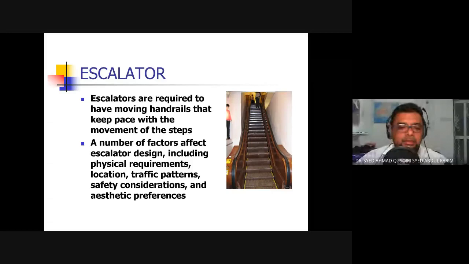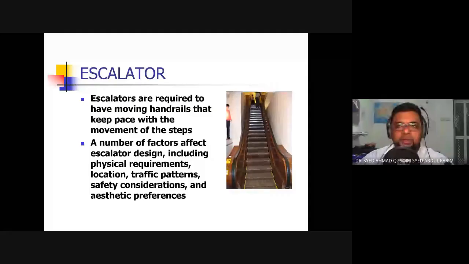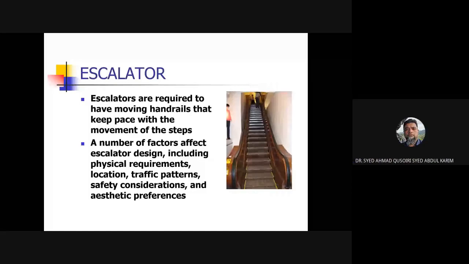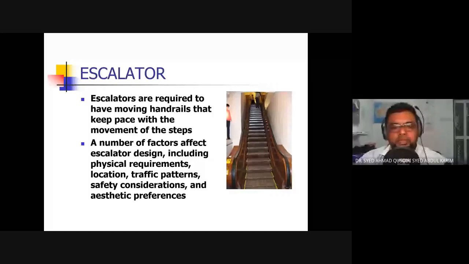Location. So, where are the escalators or flight of escalators to be located? Traffic patterns. Which area of the building is expected to have more pedestrian traffic? That might be the best place to put the escalator.